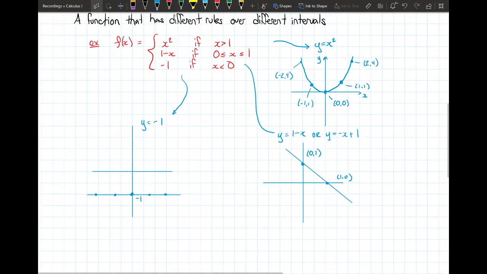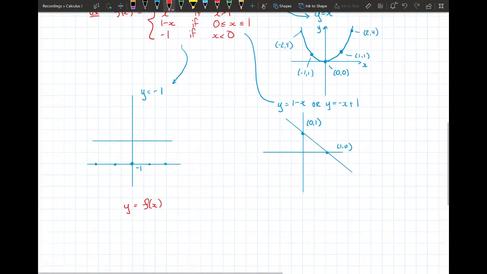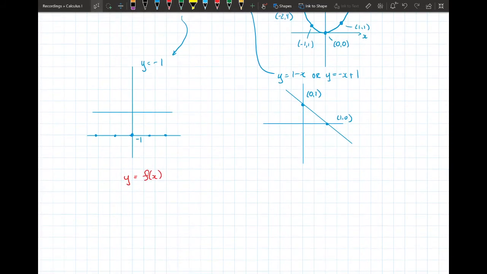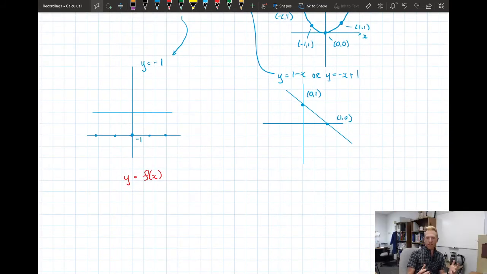Now, to put all these pieces together, the function f of x involves little components of each of those. The graph of y equals f of x. Now, I like to think about this as almost being like you've got separate yards that the graphs of these other functions belong in.